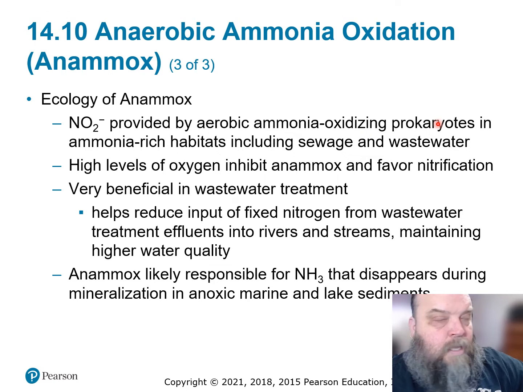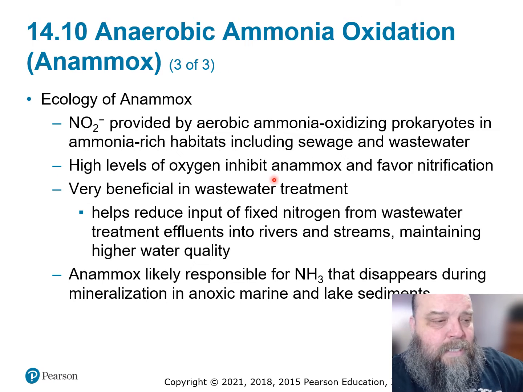Other bacteria in that same environment are taking ammonia and ultimately making nitrite, as we talked about in the last section. And that nitrite they can't further reduce or oxidize, so they just excrete it out, where these Anammox bacteria can then utilize it.